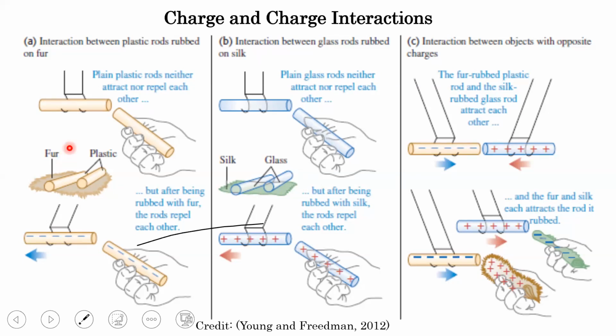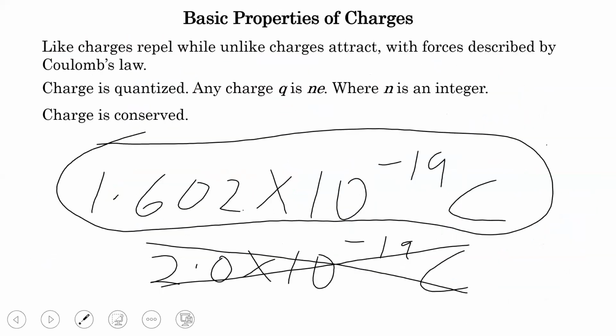In the first scenario, the wool added electrons to the plastic rods to make them negatively charged. In this second scenario, the silk removed electrons from the glass rod to make it positively charged. Like we said in the property of charges, charge is conserved.